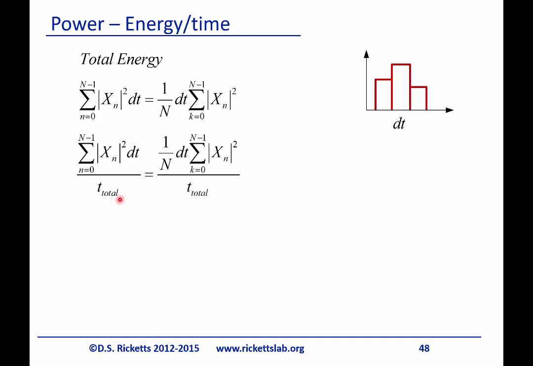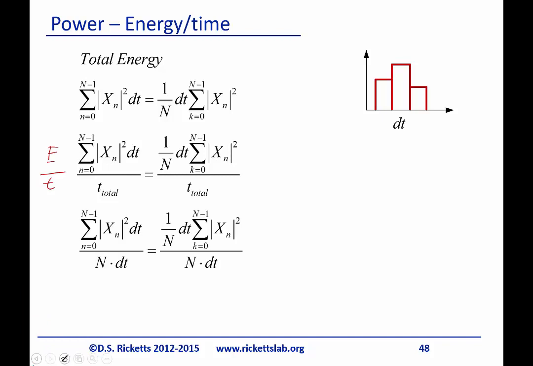So if we sampled a signal for half a second, the total time would be half a second. So I've taken the energy, which is on the top. Let me go ahead and write that. I've got my energy here, and I'm going to divide it by my total time, and that'll give me an average power, if you will. On the right-hand side, I'm just dividing by t total because that's what I did here. Now, we're good up to here, but the question is, can we simplify further? And the answer is maybe.